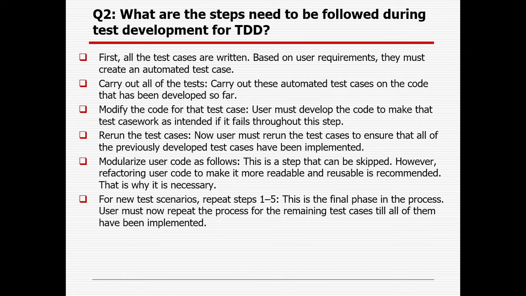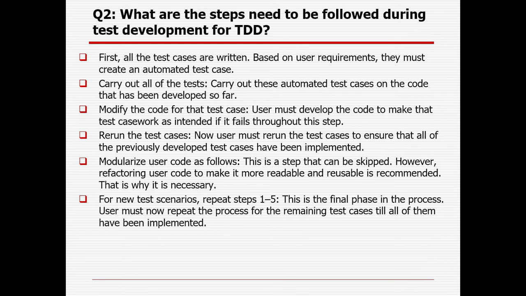What are the steps to be followed during test development for TDD, or test driven development? First, all the test cases are written based on user requirements. They must create automated test cases. Then we carry out these automated test cases on the code that has been developed so far.